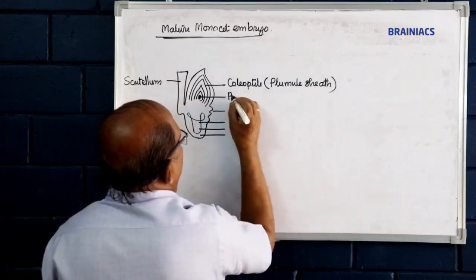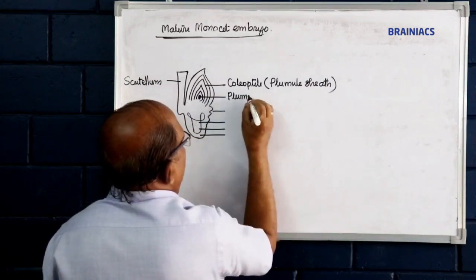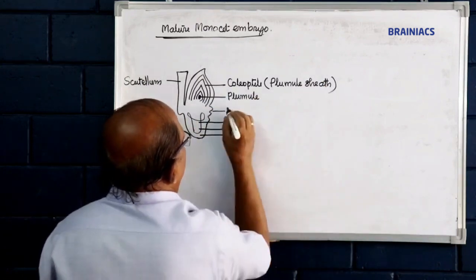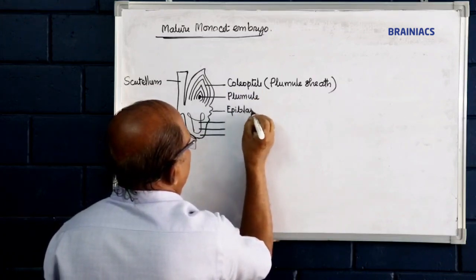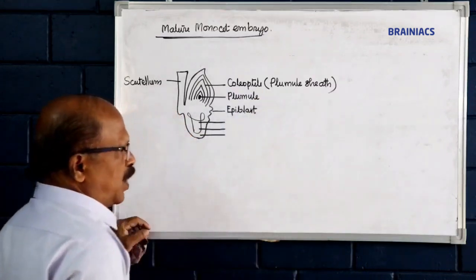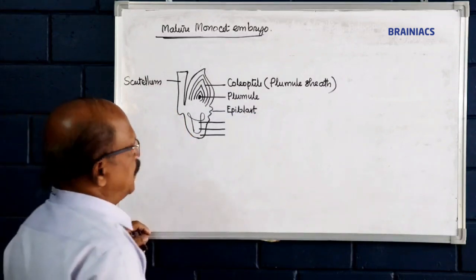This is plumule. This is epiblast, the leaf primordia which will be there.